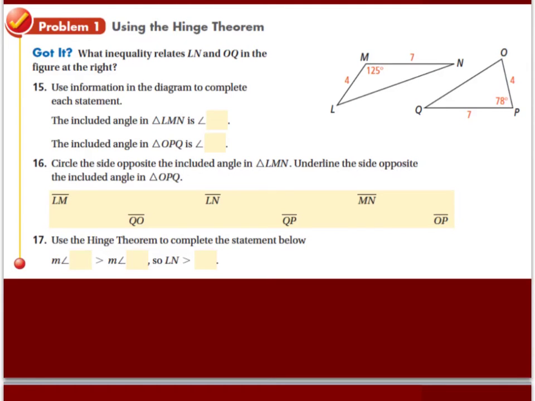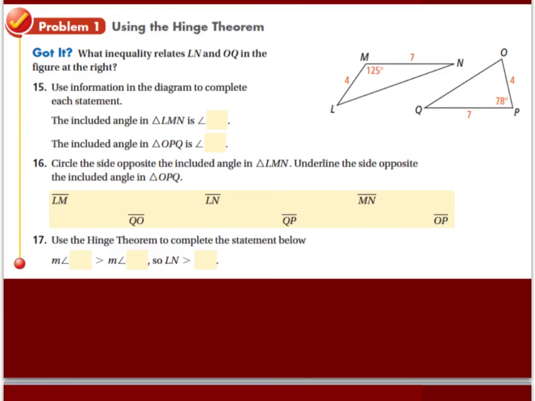Using the hinge theorem, what inequality relates LN, which is this distance here, and OQ in the figure at right? Use the information in the diagram to complete each statement.